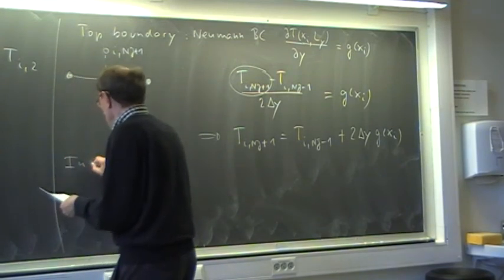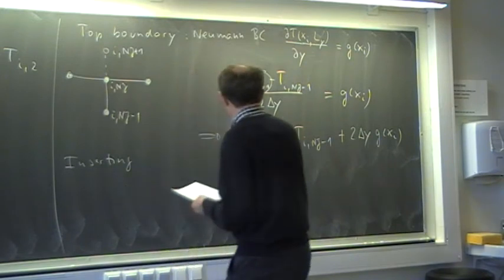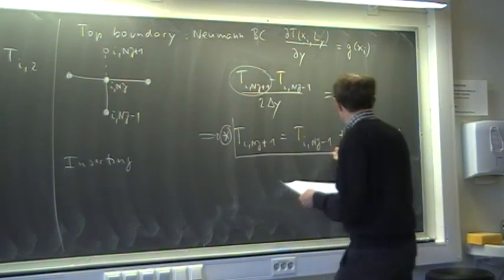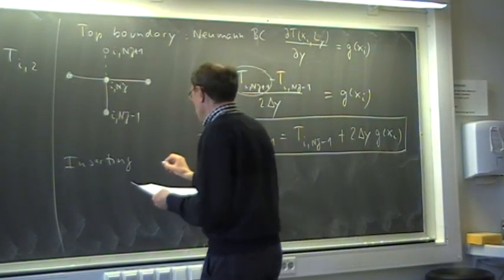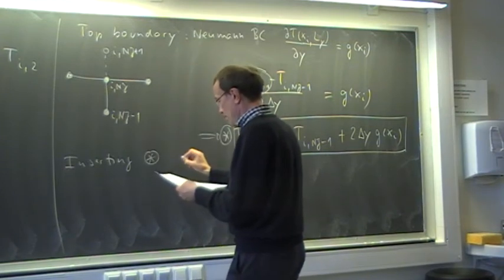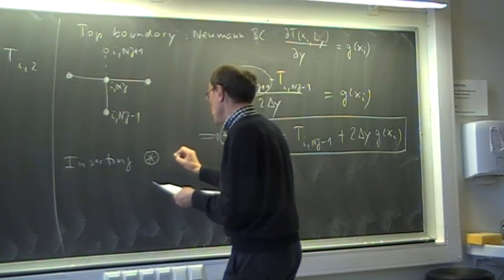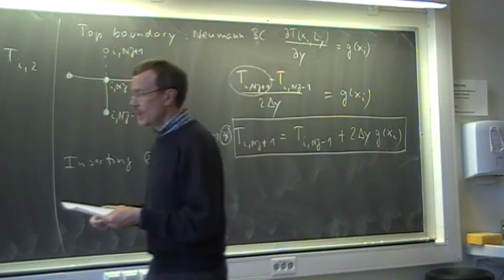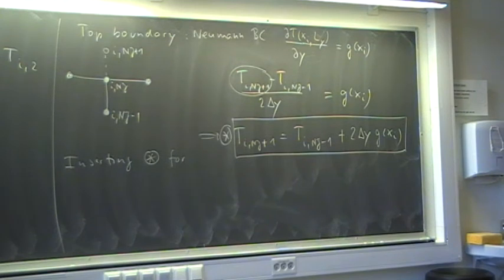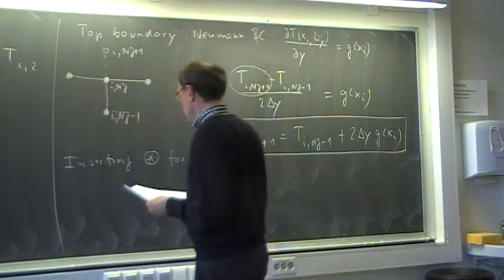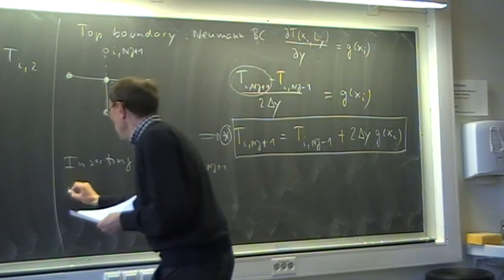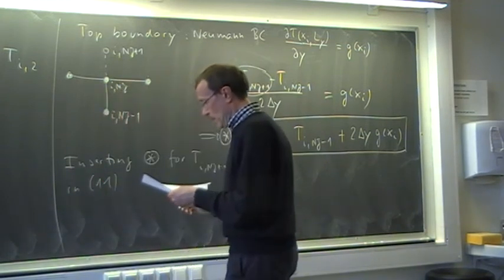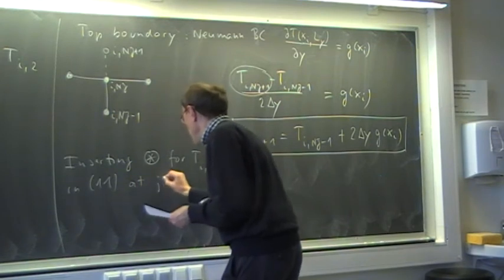So we are inserting the expression for T i,nj+1, the expression 11, at j equal to nj.